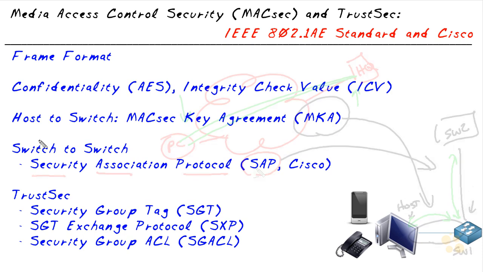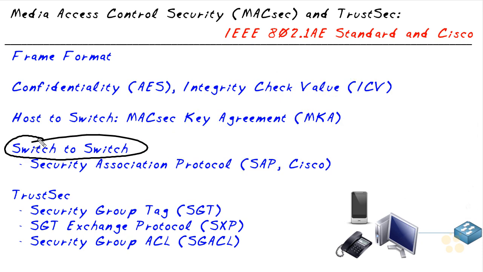So when configuring switch-to-switch MACsec, that could be either a manual process where we manually configure the details on each of the switches for MACsec, or if we're using some type of a centralized server such as ISE, the MACsec between switch 1 and switch 2 could be dynamically negotiated.